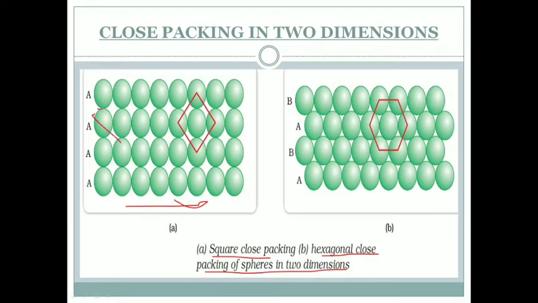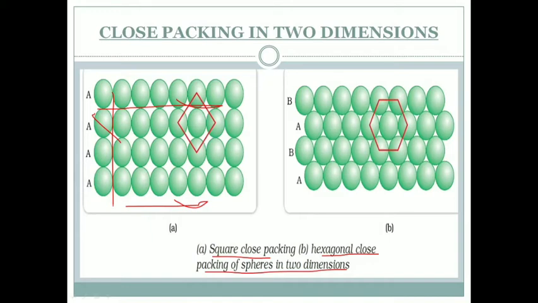This one you can see horizontally and also vertically. Then if we call the first row as A type and the second row being exactly the same as the first one, that is also A type. Similarly, we may place more rows to obtain A type of arrangement. Here it is shown A, this type of arrangement.